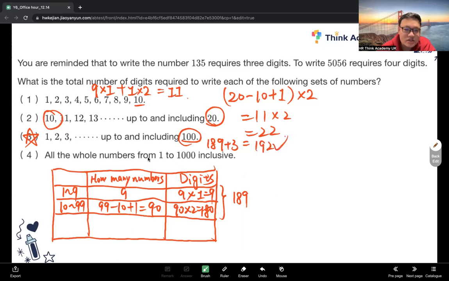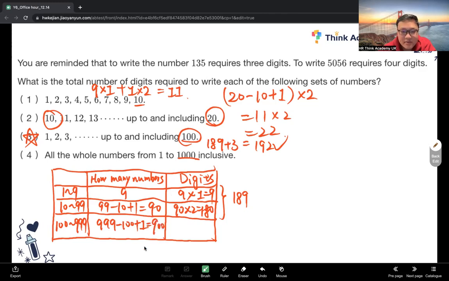And now let's move on to 1000 as for the last question, right? So from 100 to 999, guys, tell me how many numbers are there? It's the same way to do the calculation. 999 minus 100 and plus 1. Don't forget that plus 1.